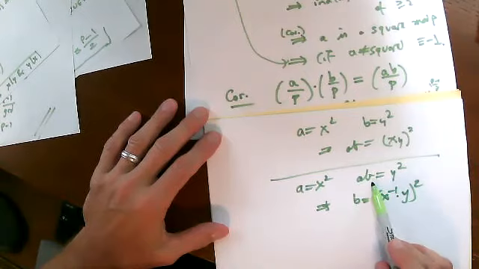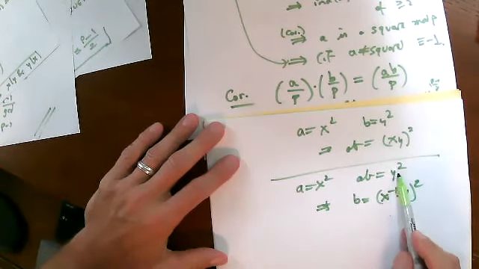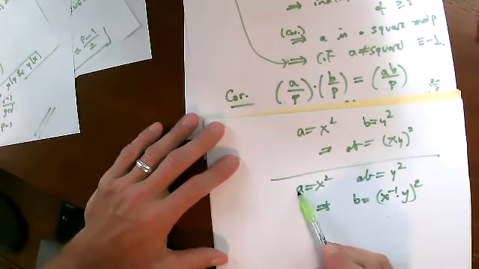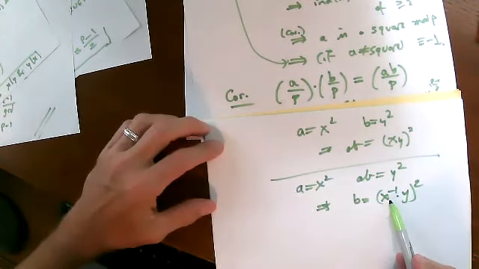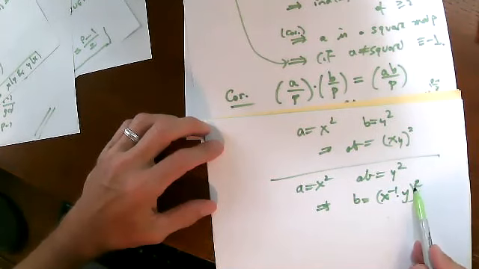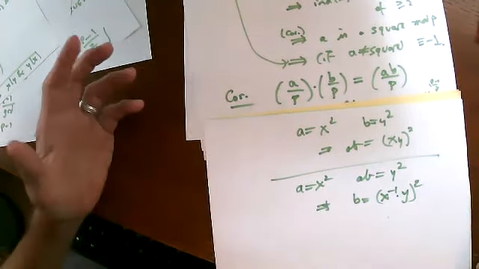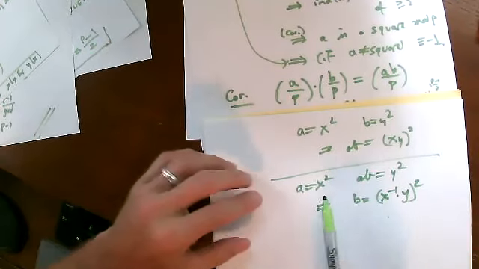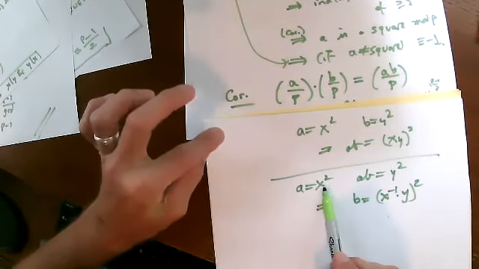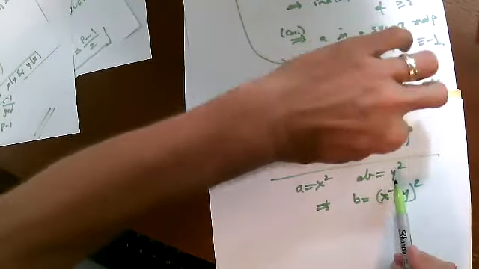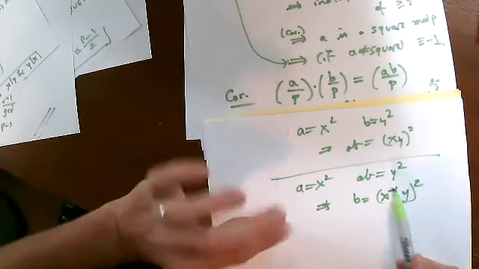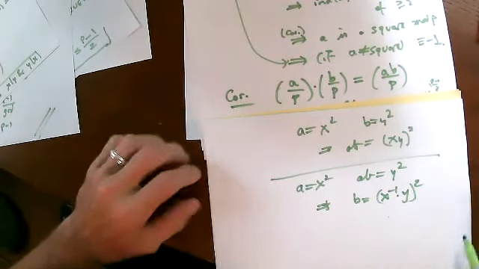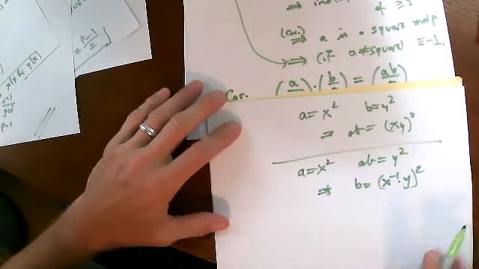So if this one is an invertible congruence class that is a square, then X itself has to be invertible. And if you calculate this quantity and square it, you'll have something which, when you multiply it by X squared, you get Y squared. So if A is a square and AB is, then B also has to be. If A is a square and B isn't, that doesn't leave any room for AB to be a square.